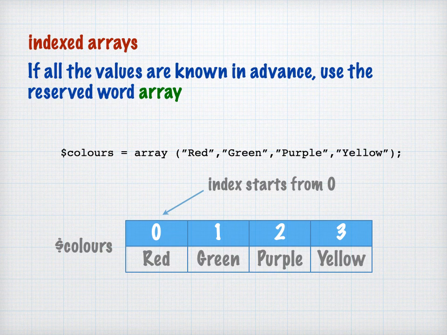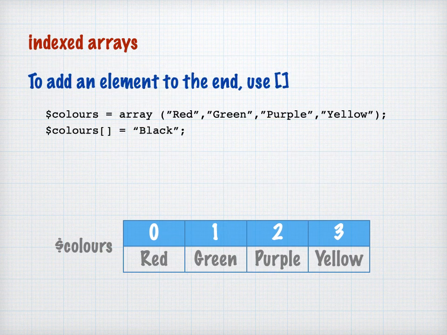Now, if you use this notation, how do you add an item onto the end? Well, you use this. You go colors, empty square brackets, equals some value. The reason that we have to use empty square brackets is that we simply don't know how many items there are in the array.